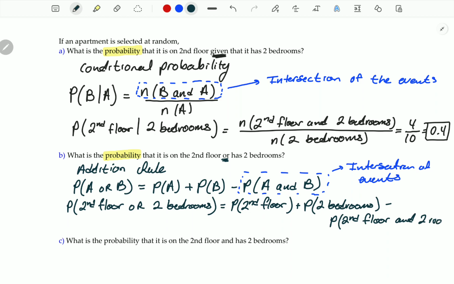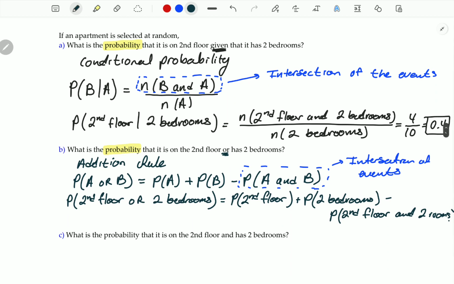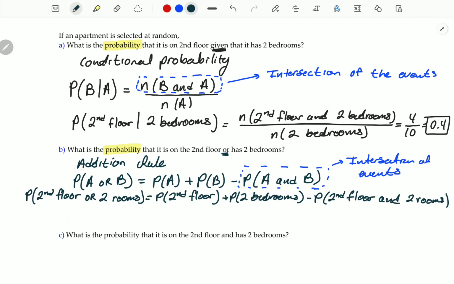I'm going to write 2 rooms to save some room.